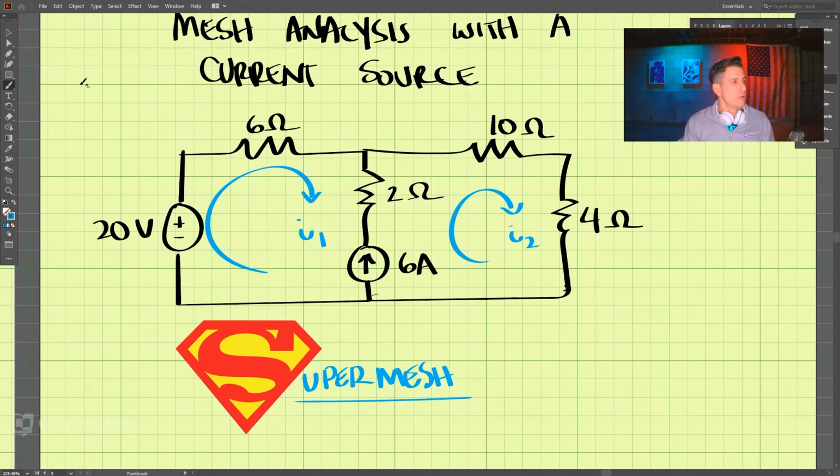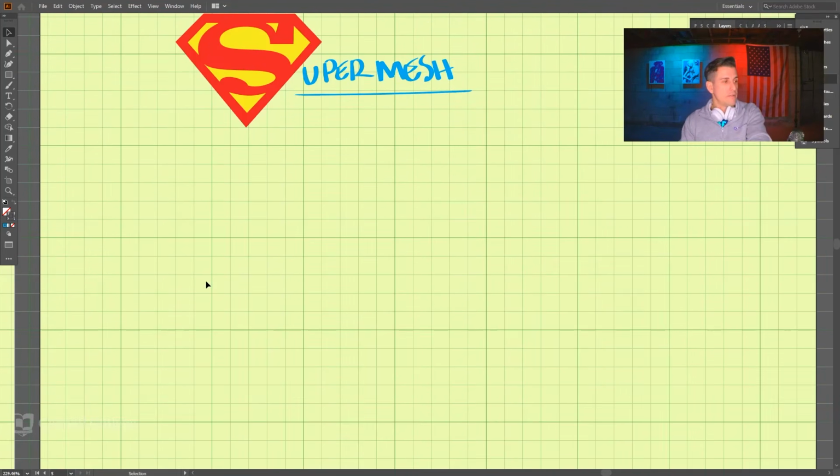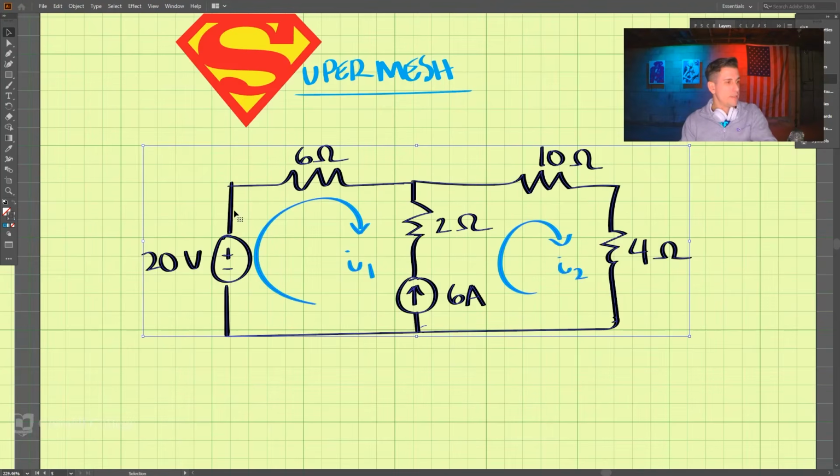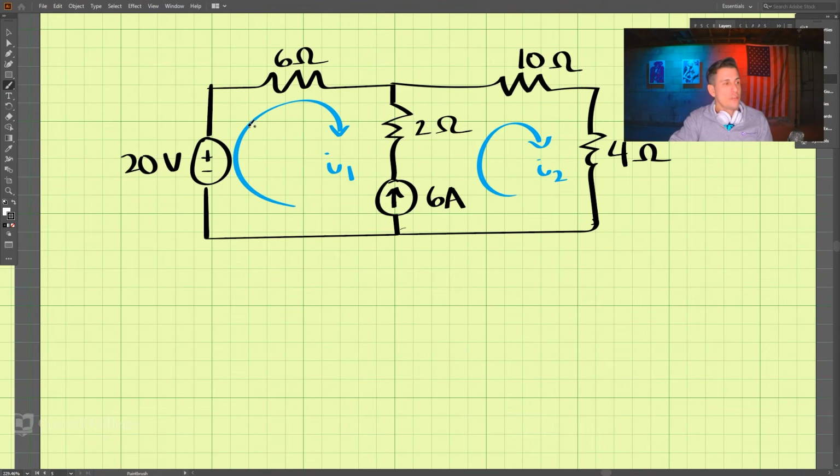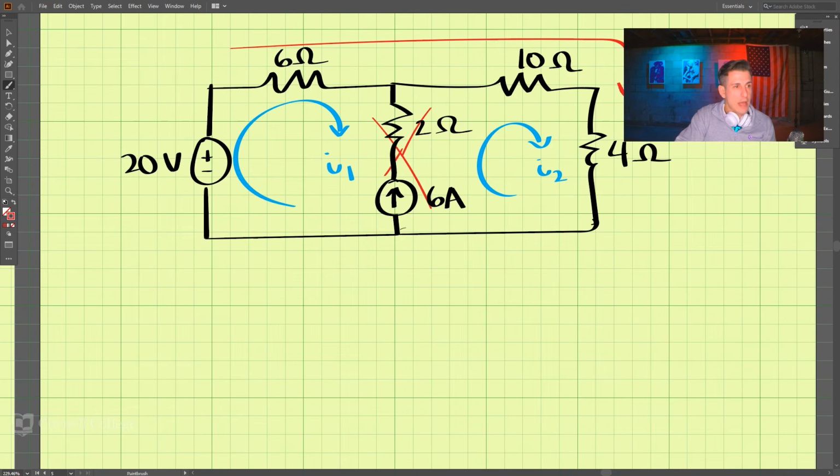I'm going to copy this circuit and paste it down here. What we do here is exclude this middle section, and we go all the way around the outside. So we use the big loop here.